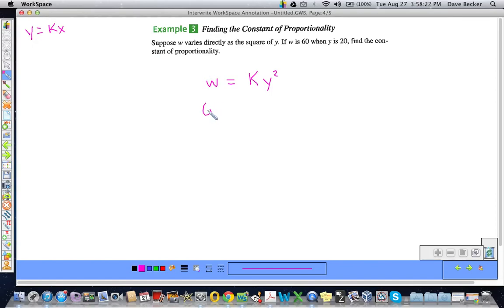So let's see, if w is 60 when y is 20, 60 equals k times 20 squared. So 60 equals 20 squared is 400, so 400k. And I divide both sides by 400.